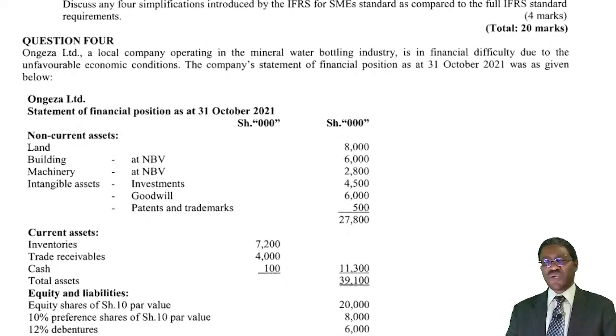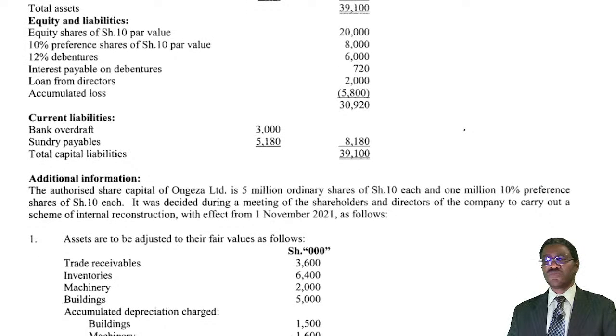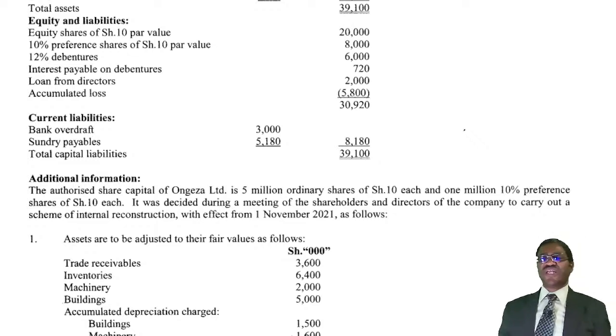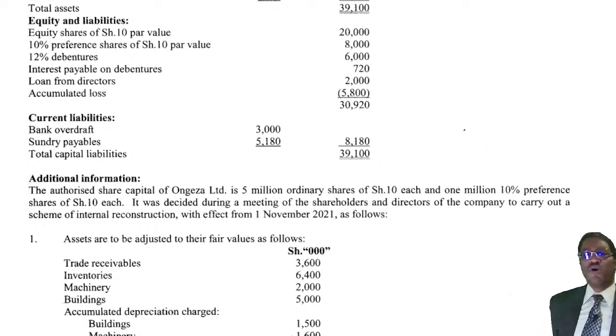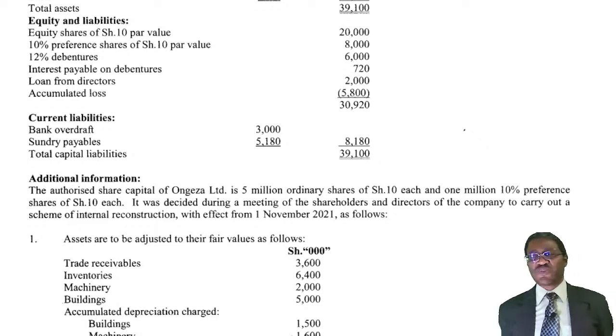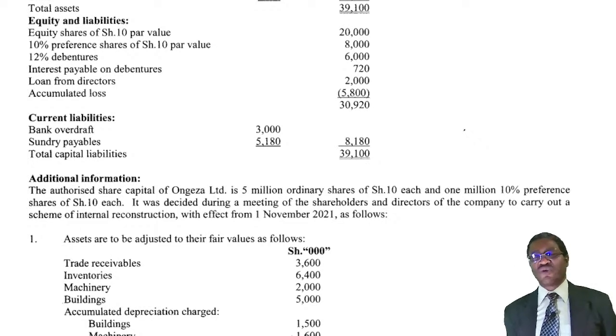Let me roll the question. After equity shares, next, 10% preference shares of 10 each, 12% debenture, interest payable on debentures. Then you are given loan from directors.